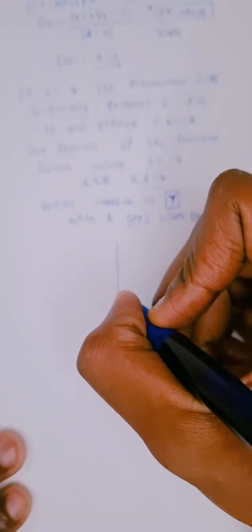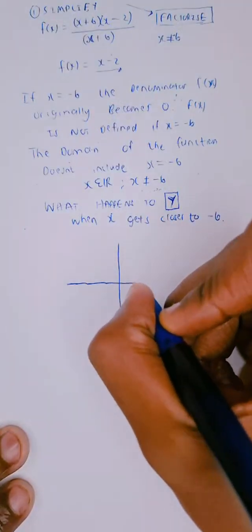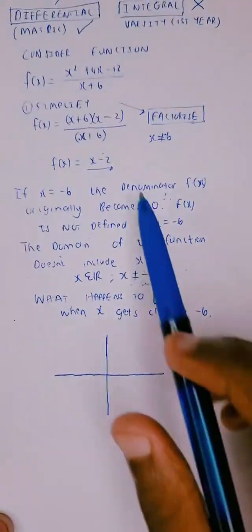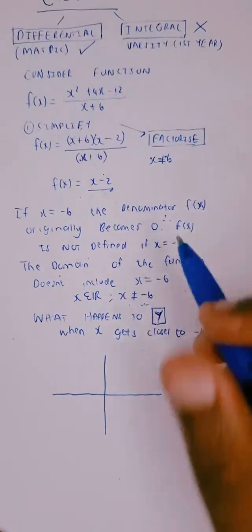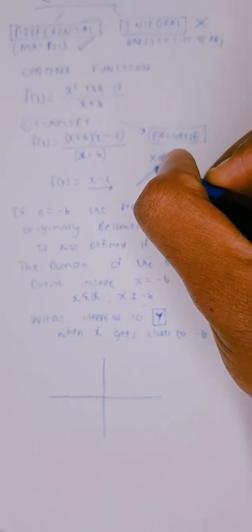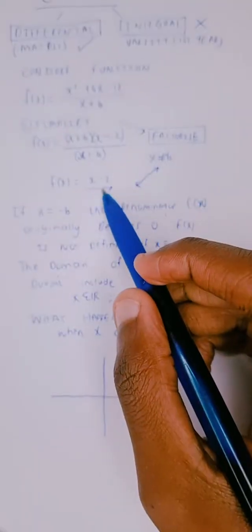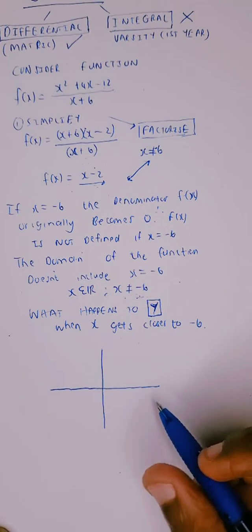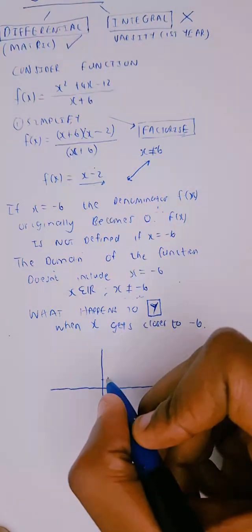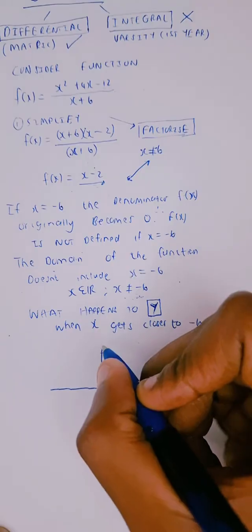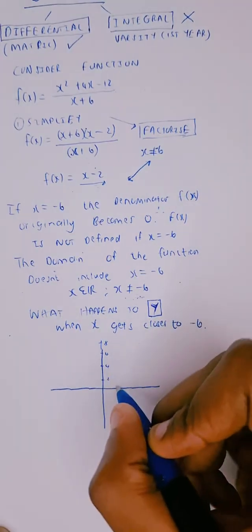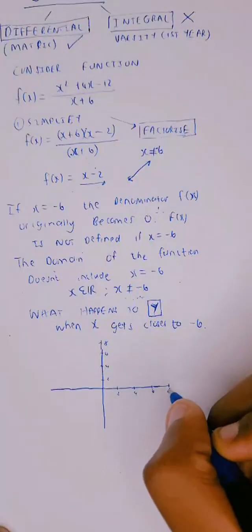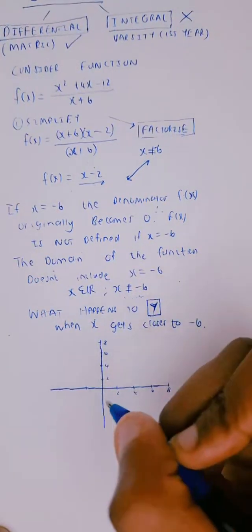So if we were to sketch it, let's sketch it, guys. F of x is equal to x minus 2. This is a straight line that has a positive gradient. So what we're expecting here is a straight line that is increasing, that has a y-intercept of negative 2. Okay. So if we were to sketch this function, let's just have a nice Cartesian plane there.